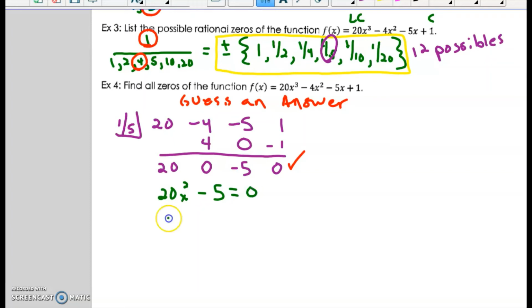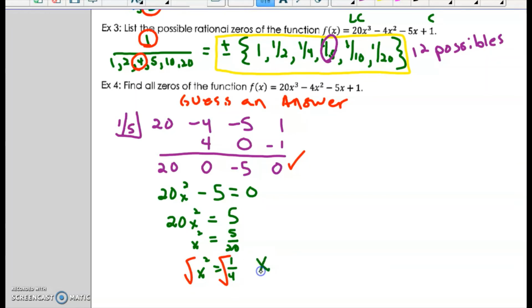So we'll just solve by square roots. 20x squared is going to equal 5. We'll divide by 20. X squared equals 5 over 20. So that is x squared is, I'll reduce it to 1/4. We'll take the square root of both sides.